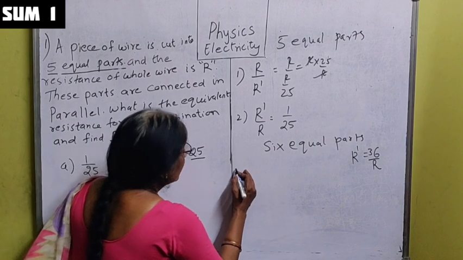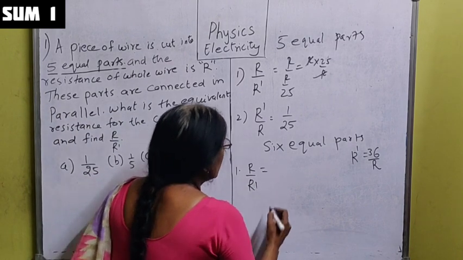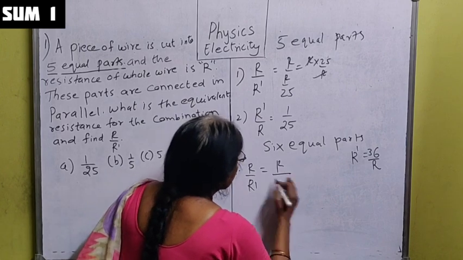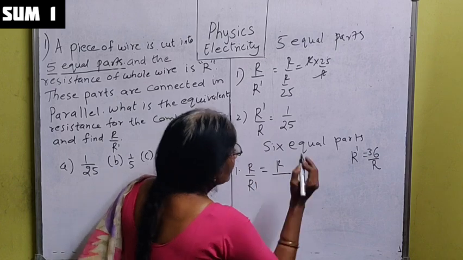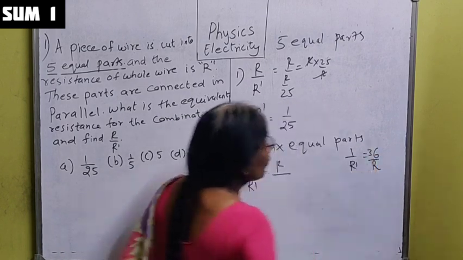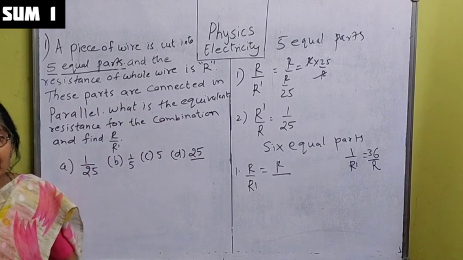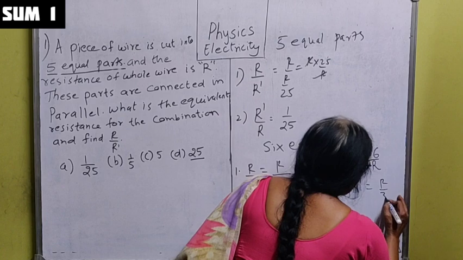So what will be the first case? R by R dash will be equal to R by R dash. What is R dash? 36 by R. This is 1 by R dash, the reciprocal of the parallel. So what you will get? R dash you will get as R by 36.